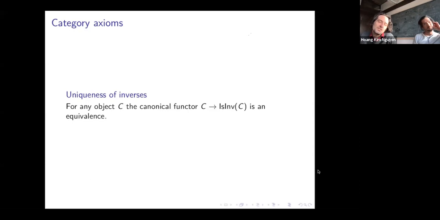Not the groupoid of isomorphisms, the category of isomorphisms. Yes. It is a category of isomorphisms, and as such, it is equivalent to C. Okay, and you're saying that shows that C is a complete Segal space. Oh, good. Yeah.